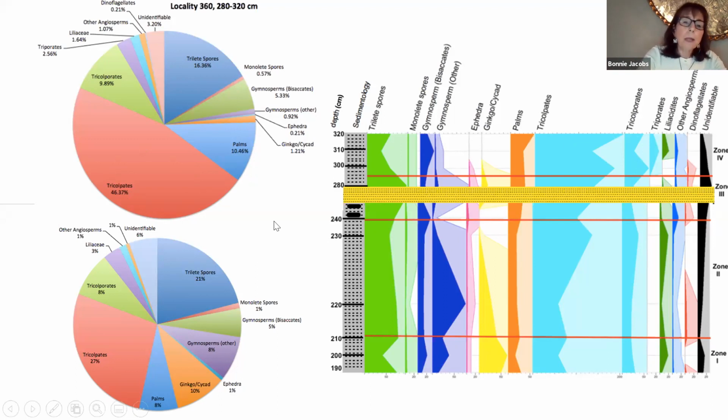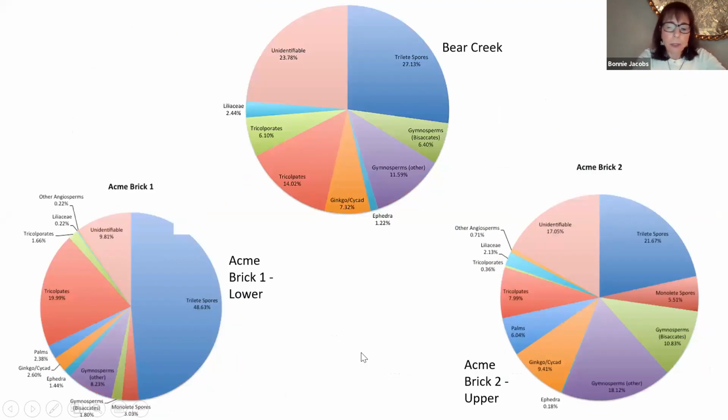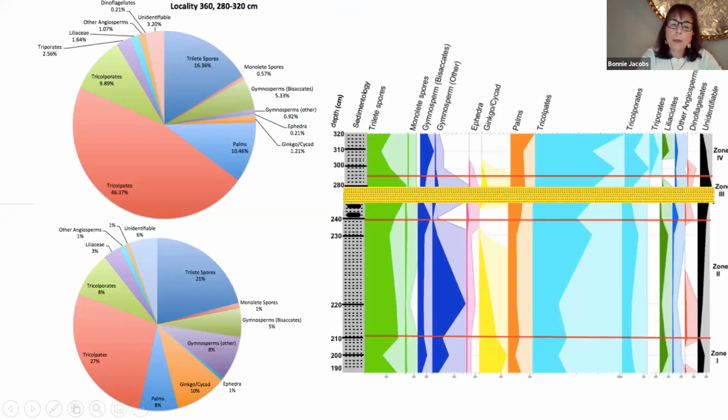If we just look at the pie charts to begin with, this is one of the localities. This is locality 360, which you can look at from this part to this part in this part of the section. This is what we call a stratigraphic section.